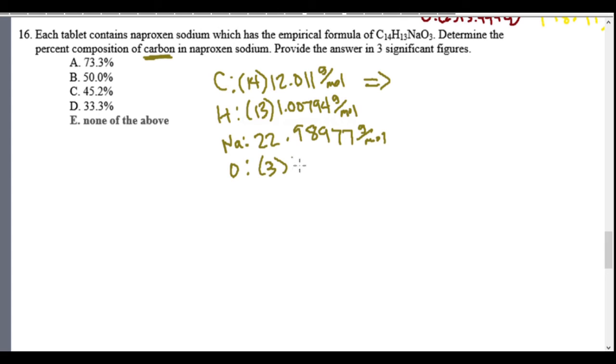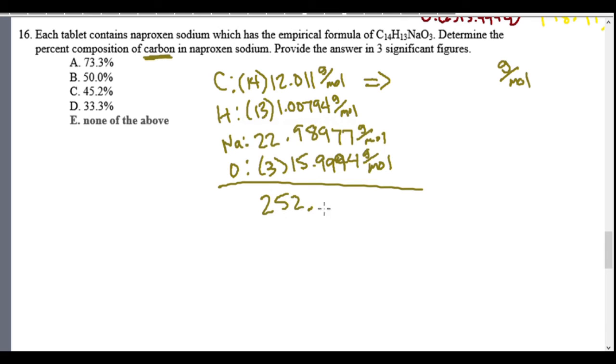Oxygen is 15.99994 grams per mole. When we total that up, you get the whopping number of 252.24519 grams per mole.